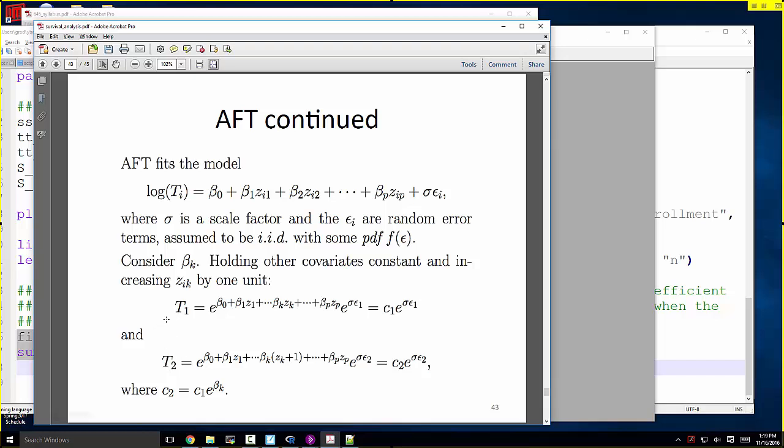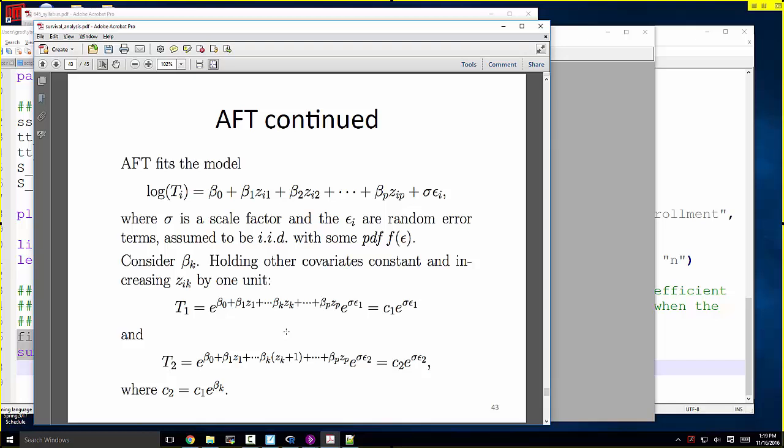T1 and T2 both have the same values of all the covariates except ZK. So we're going to try to isolate beta K. What is the interpretation of a beta coefficient in an accelerated failure time model?